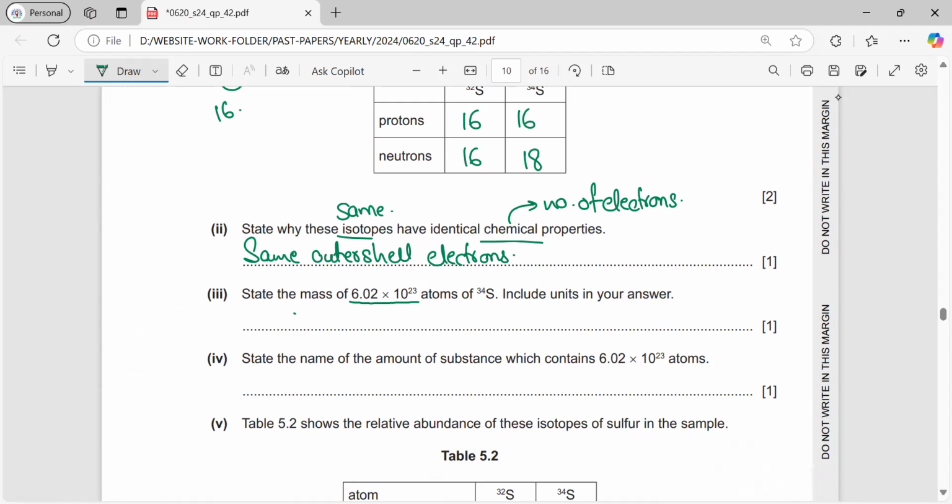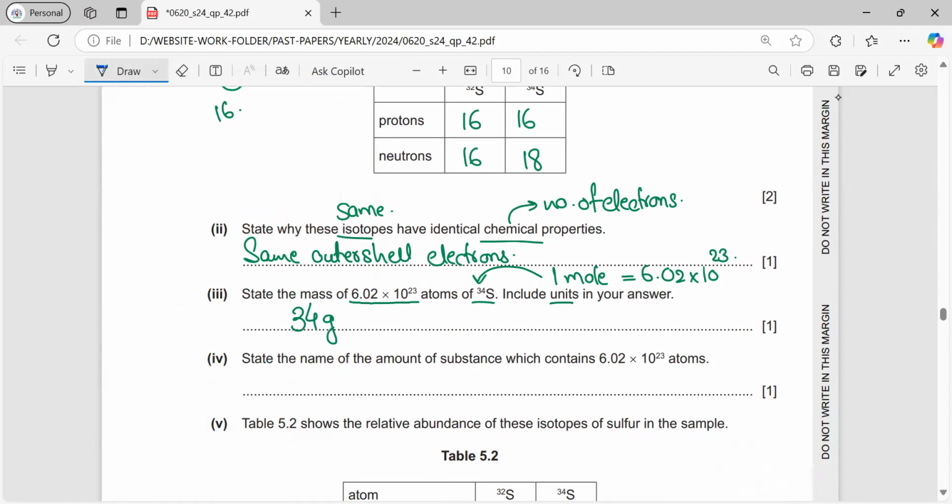The mass will be 34 and the unit will be grams. Because in 1 mole of every substance, there are 6.02 times 10 power 23 atoms present. So if we have 1 mole of sulfur 34, which contains this many atoms, its mass will be 34 grams.